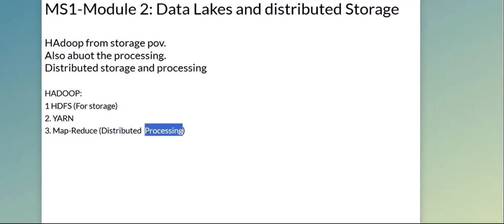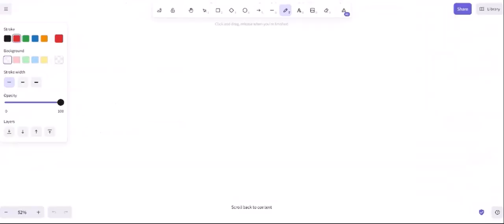In the last session, we saw how the data is stored in a distributed manner. I hope you can remember that we had a 4-node Hadoop cluster in which we had one master node, which we call the name node, and 4 slave nodes, which we call data nodes.